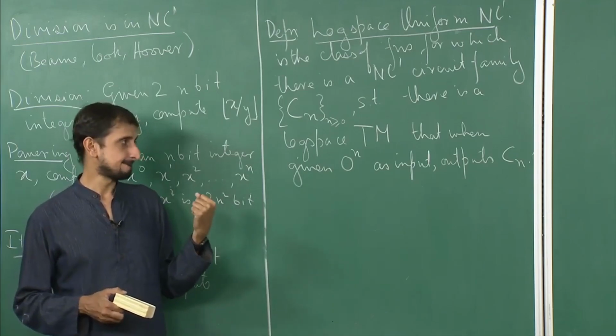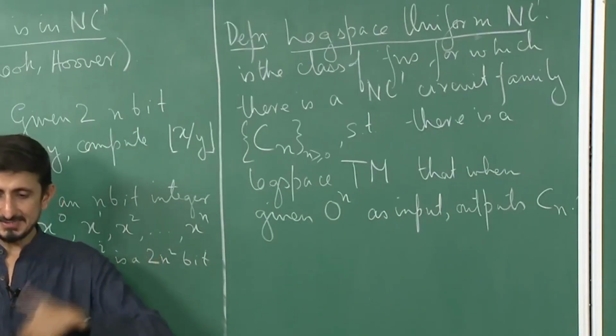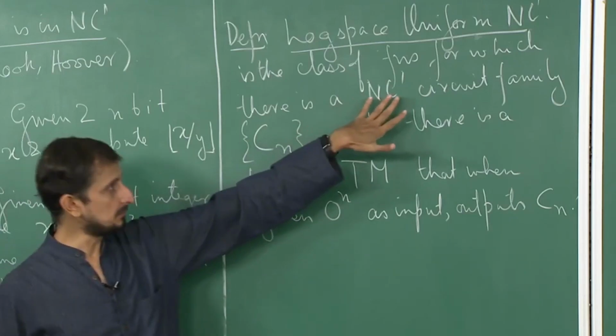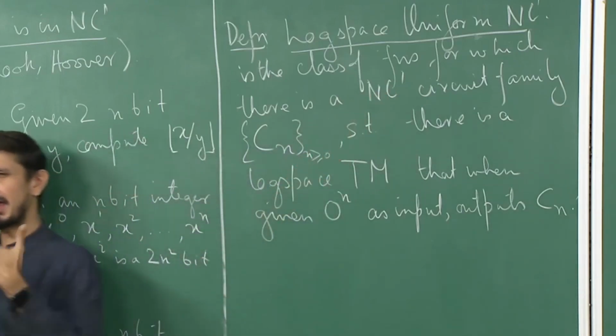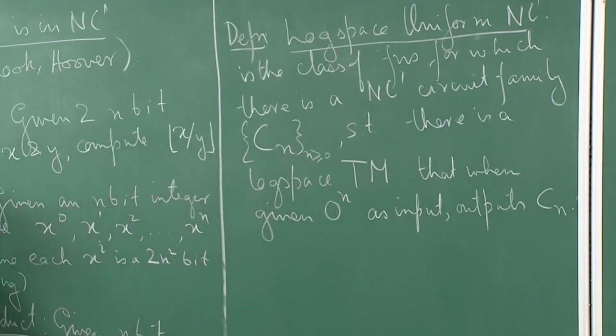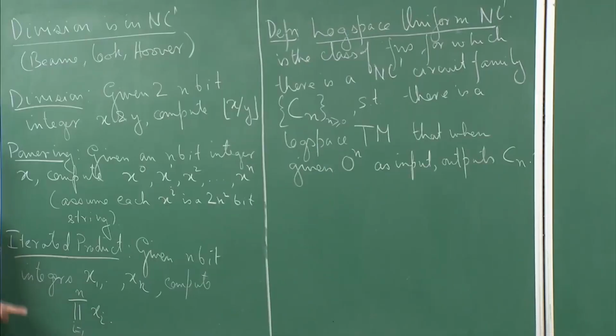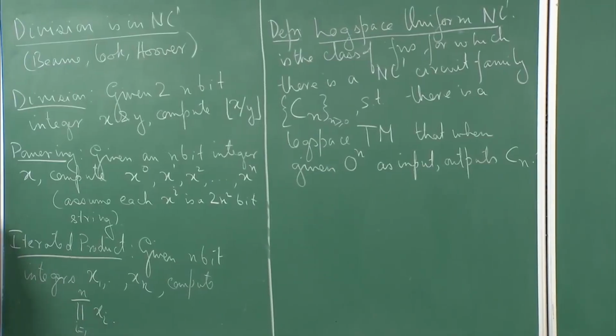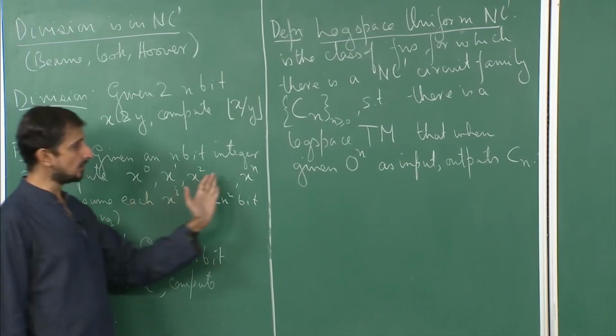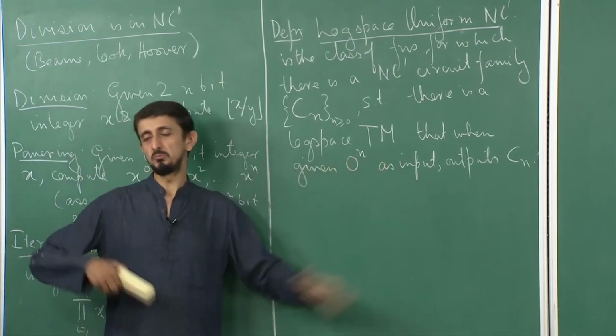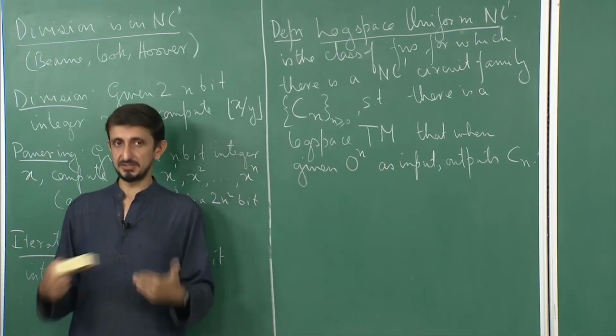Let us say I want to build an NC1 circuit and I am given some input x. As long as I am not looking at what the individual bits of x are, if I am looking at some global parameter, or even at n, I can use the power of log space to do any pre-computation.